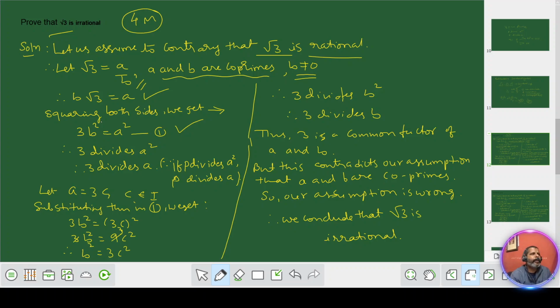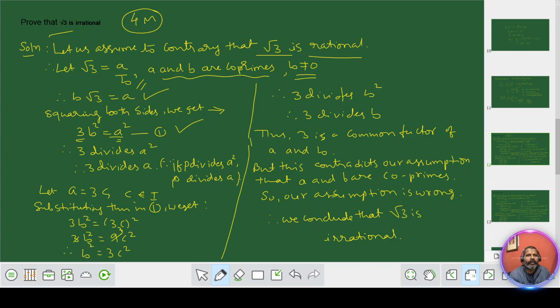When 3b square is equal to a square, that means b square is equal to a square by 3. So 3 divides a square. We just learnt that for a prime p, if it divides a square, it also divides a.